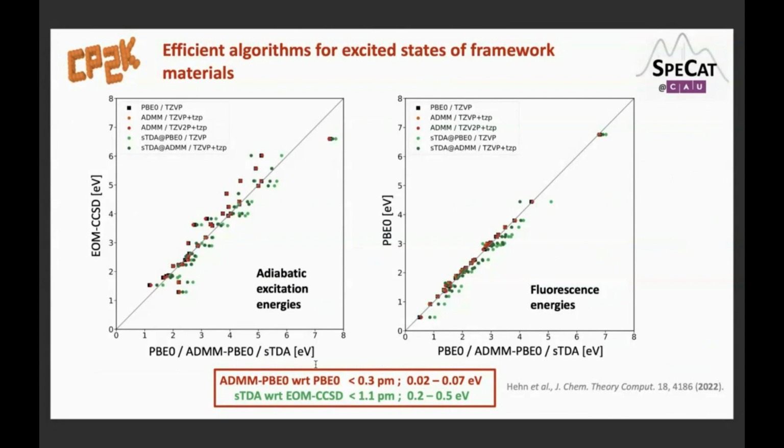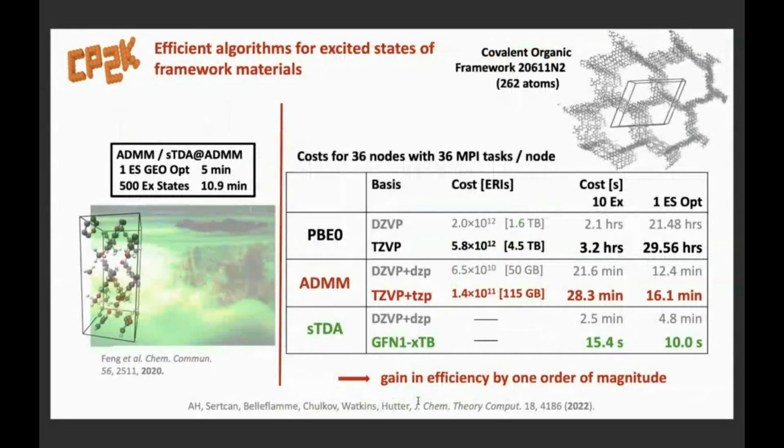So overall, what you can keep in mind is that you should always use ADMM. I think Matt already said this. And with STDA, you have to be a bit careful with choosing the parameters, but it's quite fast, and the errors are still, I think, in a good range, both for geometries as well as for excitation energies.